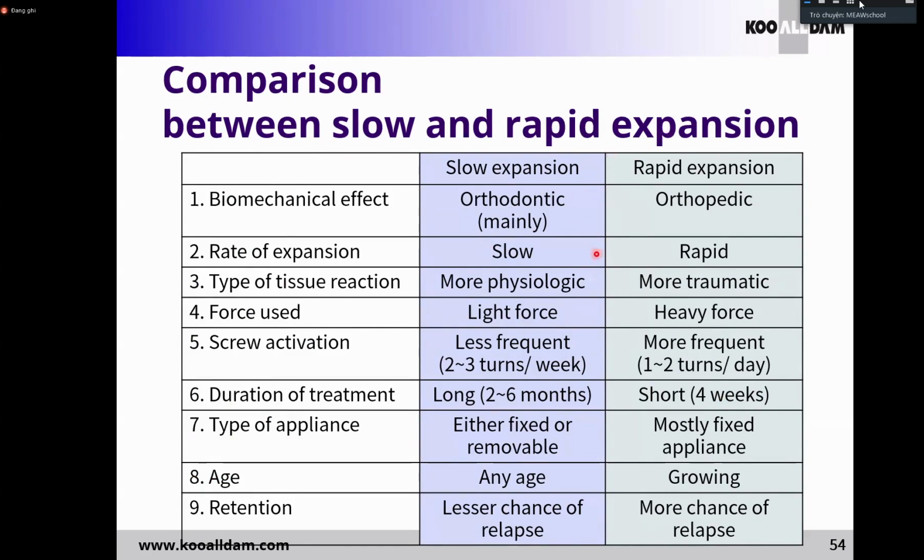We all know this. Slow expansion is more physiologic, mainly an orthodontic effect. However, it takes a longer treatment duration, and also it may be used at any age.